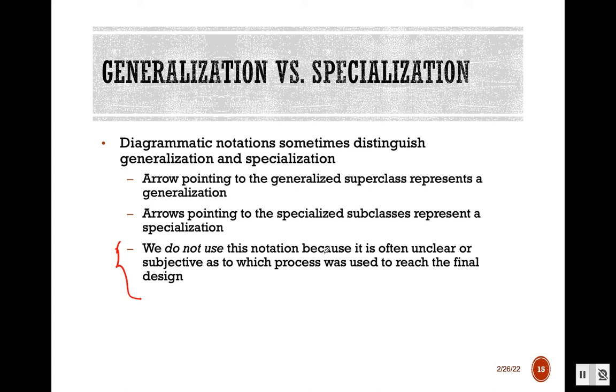Now at the end they may look the same. Generalization or specialization, whatever we talk about, actually means having a superclass with multiple subclasses, and the relationship between superclass and subclass will be the same in both processes.